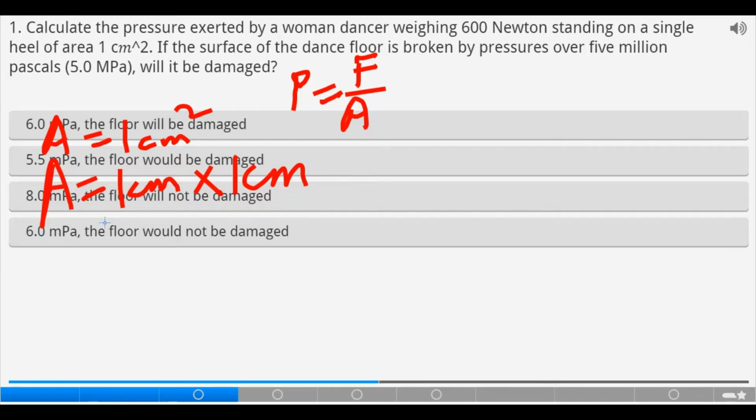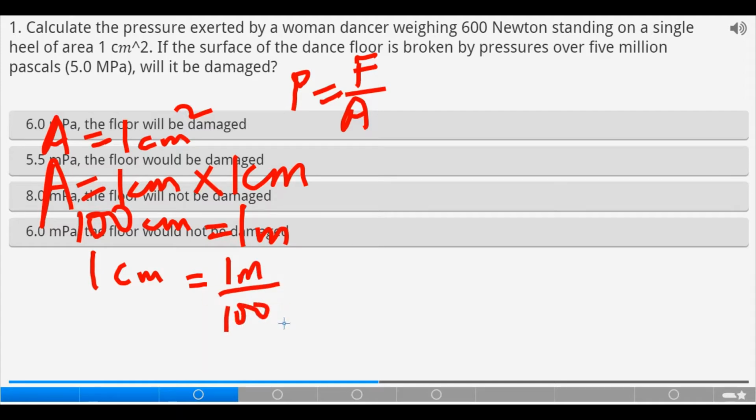But pressure is measured in Newton per meter squared. That means we have to convert centimeter squared to meter squared. But 100 centimeter is equal to what? 1 meter. Then 1 centimeter is equivalent to what? That's 1 meter over 100 centimeter times 1 centimeter. Centimeter cancels centimeter.